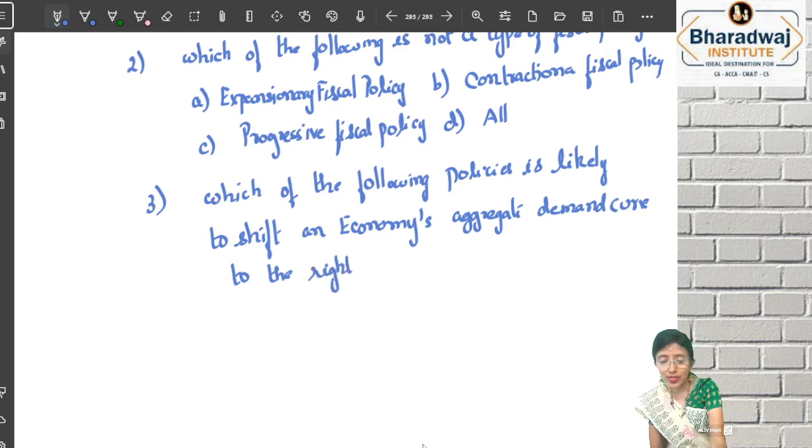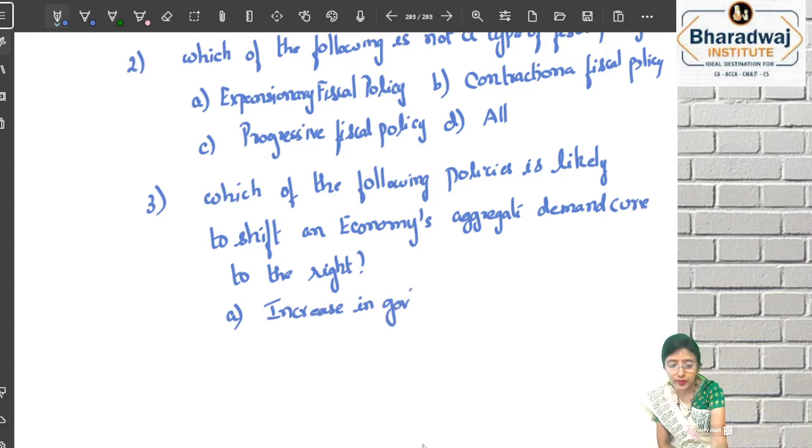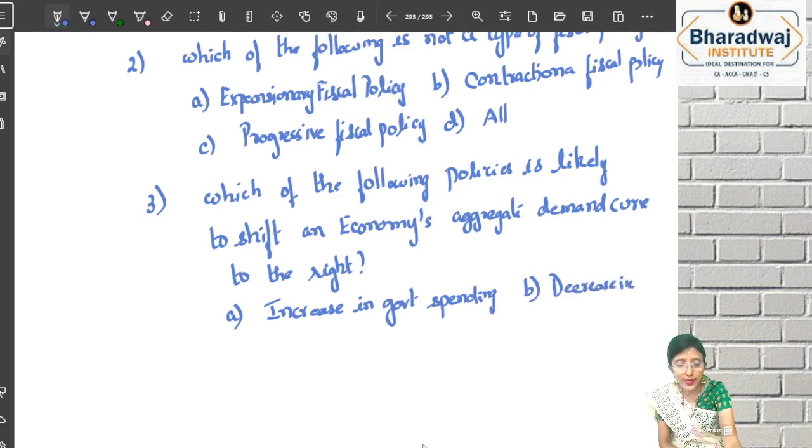It means actually shifting to the right means something. Whether you have understood or not, we will see. A, increase in government spending. B, decrease in taxes, a tax cut.